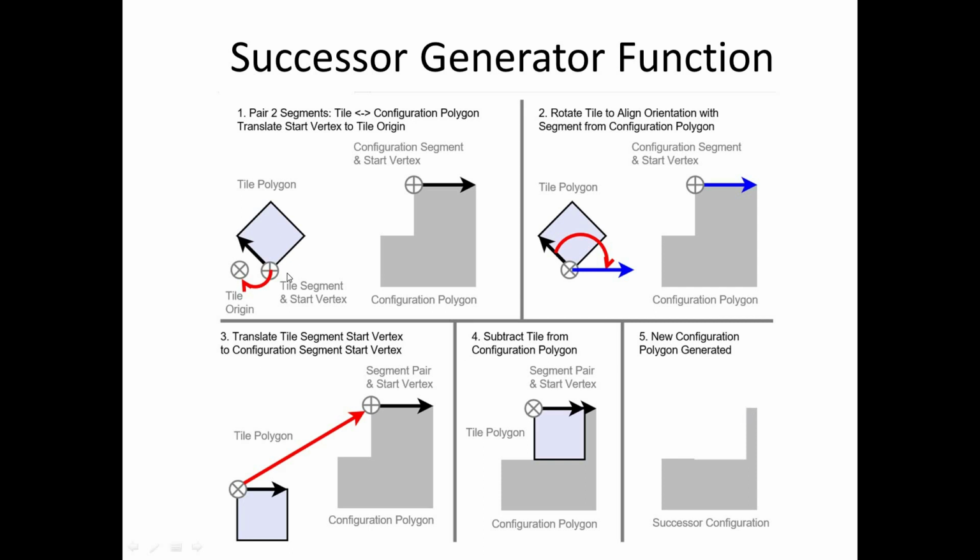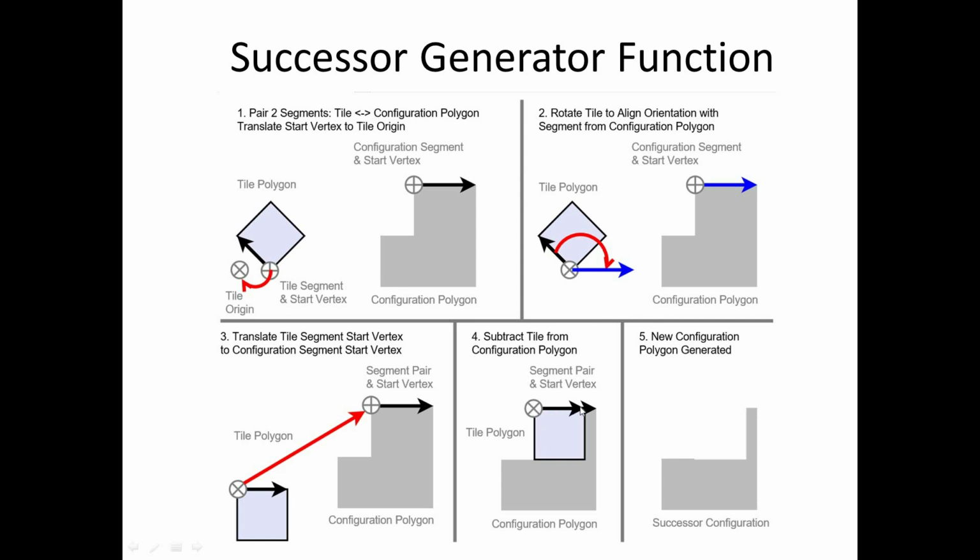To compute this transformation, we are using all possible pairs of line segments between the tile polygon and the configuration component polygon. We are using the pair of line segments to compute a rotational angle for the tile polygon, then rotate the tile polygon by that angle and also translate it onto the configuration polygon.